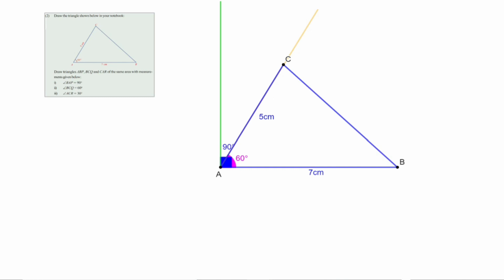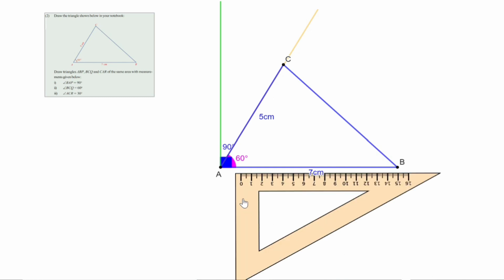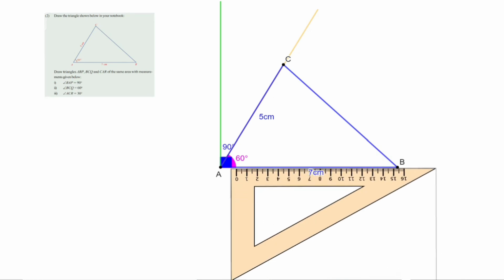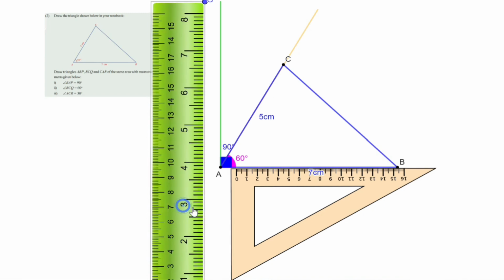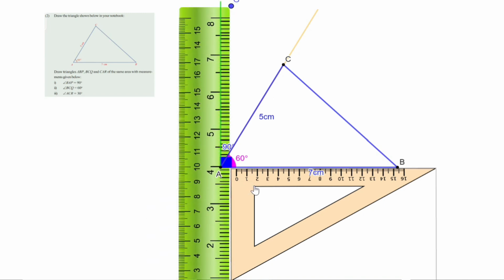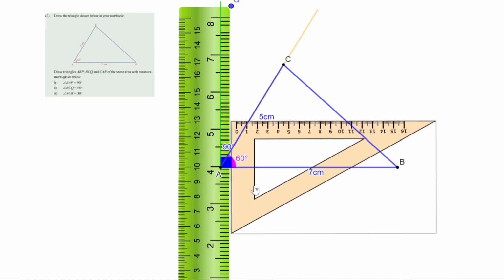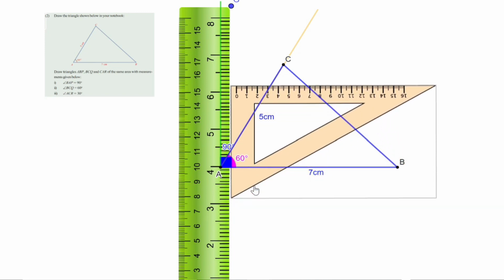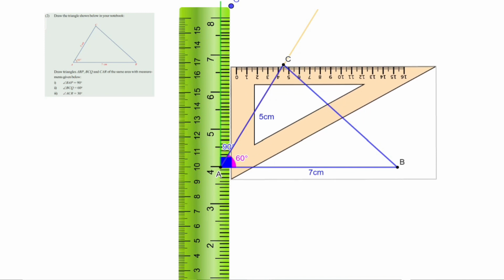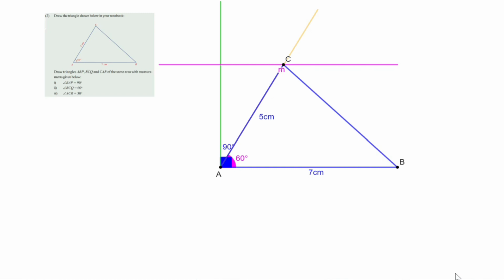So let us draw a line parallel to the side AB passing through the point C. So let us take the set square and take the ruler, slide it till it reaches C. Now draw a line through the point C, that is the line parallel to AB.